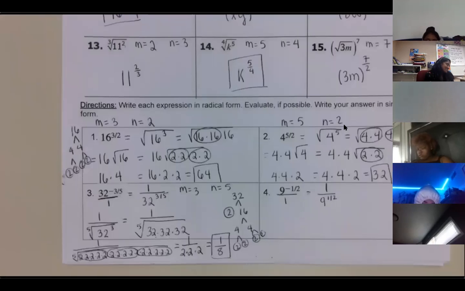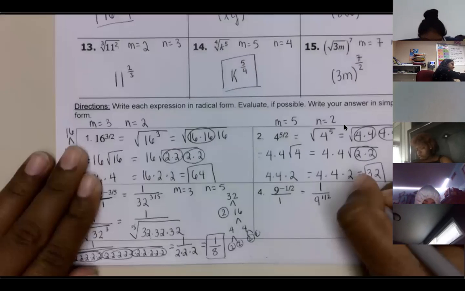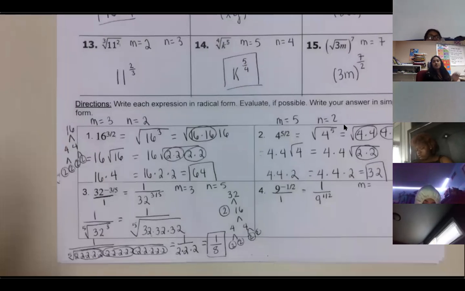Anyways, let's find our M and our N. Okay, what's my M? What's my N? What do you have for me, Liana? Okay, so the M is 2. Switch it.